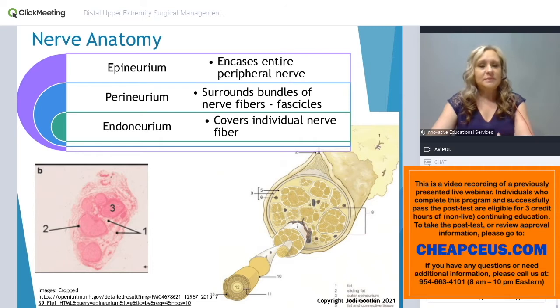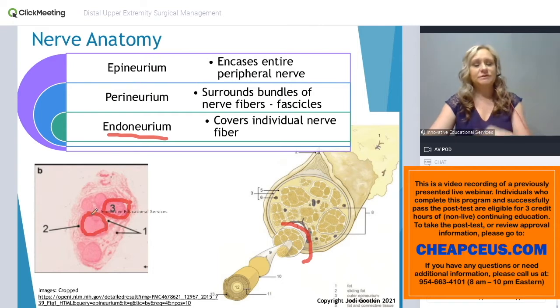So at the deepest level, we're going to have our endoneurium. This is going to be the inner part of the nerve fiber, the axon and myelin sheath. And then we're going to have several of these bundles that come together that'll be wrapped around with a perineurium. And we see here those little groups on the side here on the left, also on an actual slice under a microscope.